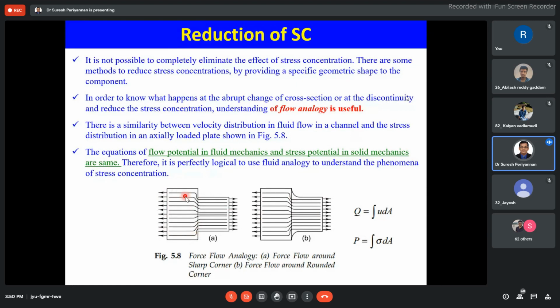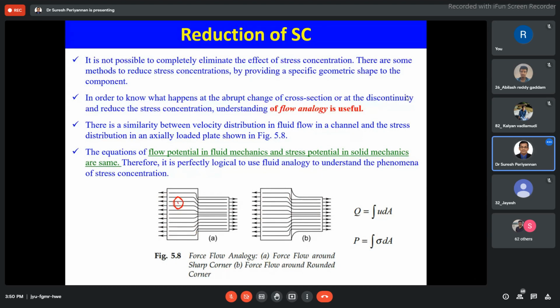When you apply the force, it is distributed in each layer of the component, each layer of the material. When the material is bigger in size, the force distribution, meaning the stress lines, each line is called a stress line, each line is going to have less intensity of force.